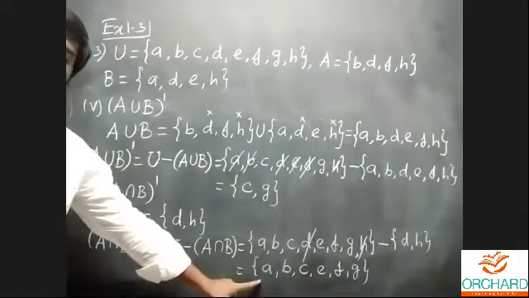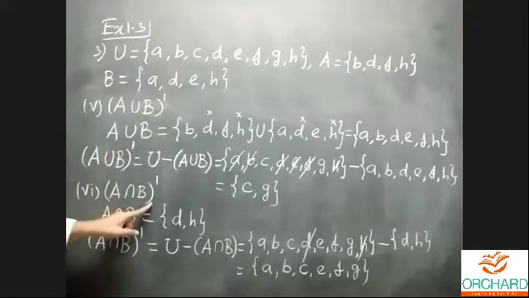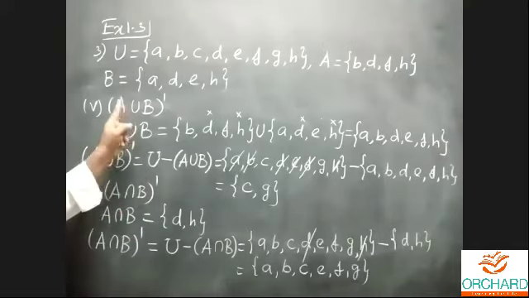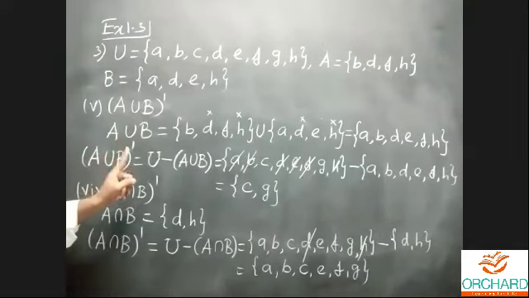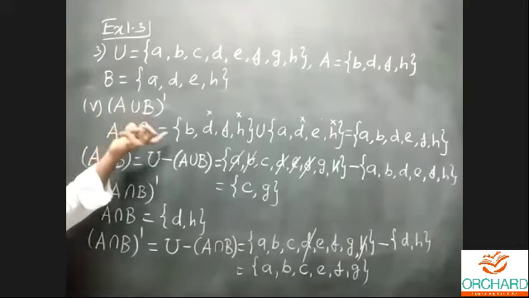For the fifth and sixth subdivisions, we identify (A union B)' and (A intersection B)'. First we identify A union B, and then we can identify its complement. The complement means removing the elements of this set from the universal set.